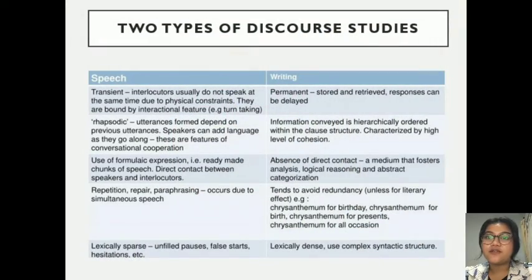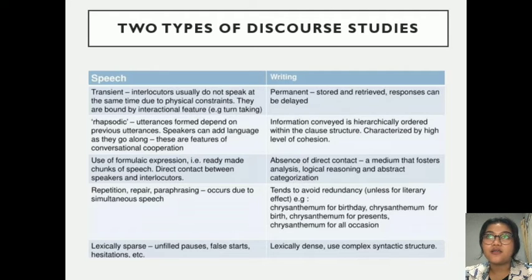It is divided into two types, which are the spoken discourse project and the written discourse project, and each type has different characteristics. The spoken discourse project is transient. Interlocutors usually do not speak at the same time due to physical constraints. They are bound by interactional features, for example turn taking.